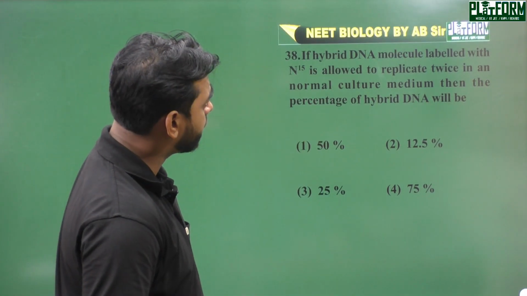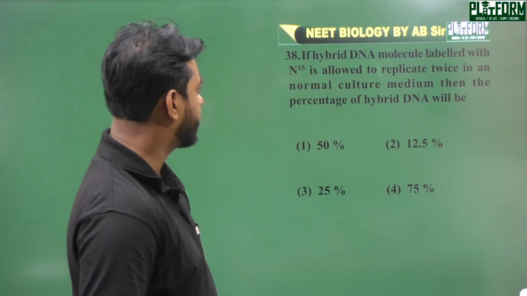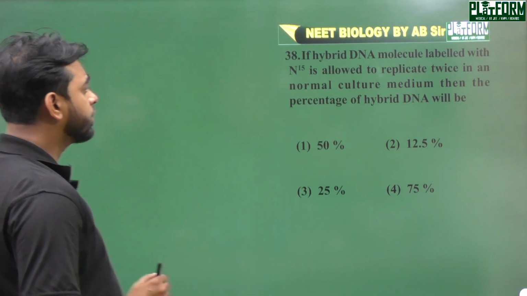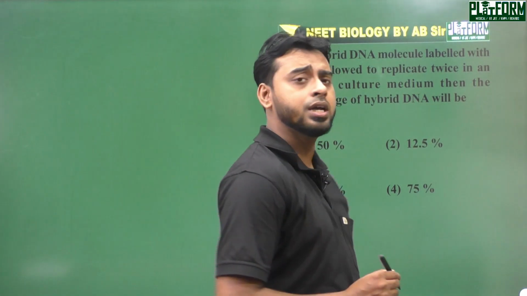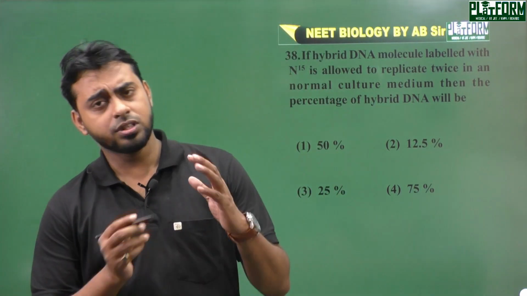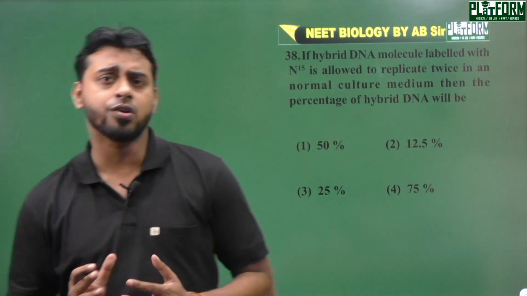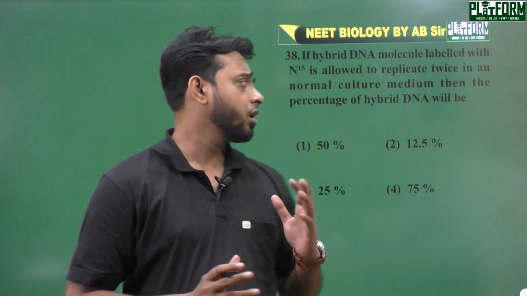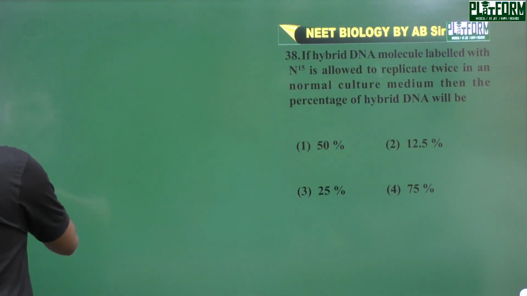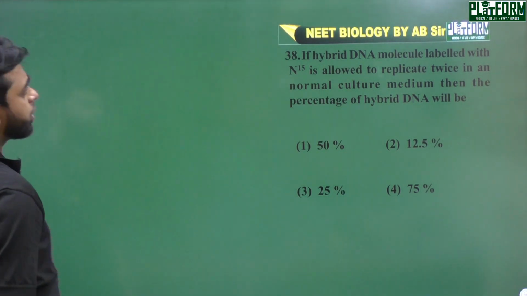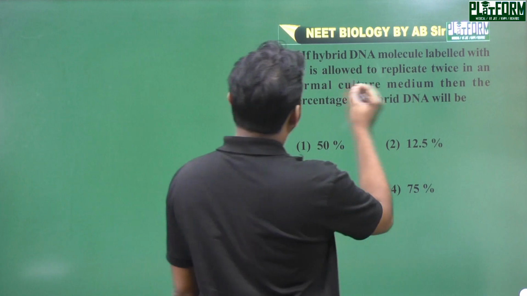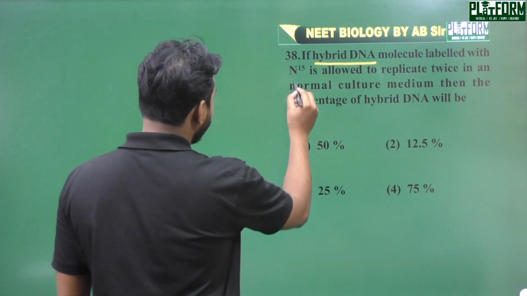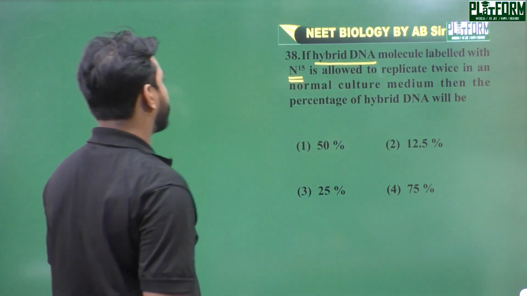If a hybrid DNA molecule labeled with N15 is allowed to replicate twice in a normal culture medium, then what will be the percentage of hybrid DNA molecules? Now this type of question is constructed from the idea of the Meselson and Stahl experiment. In this question it is given that the hybrid DNA molecule has one strand of N15.